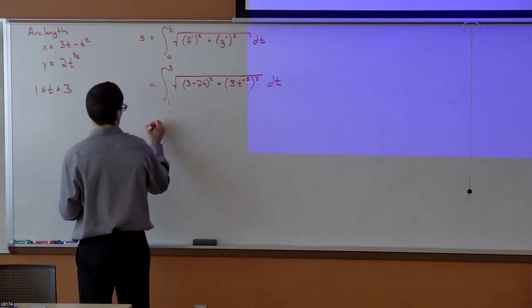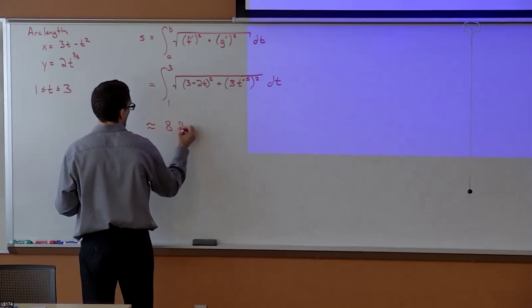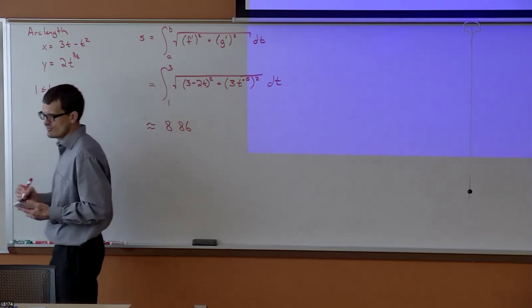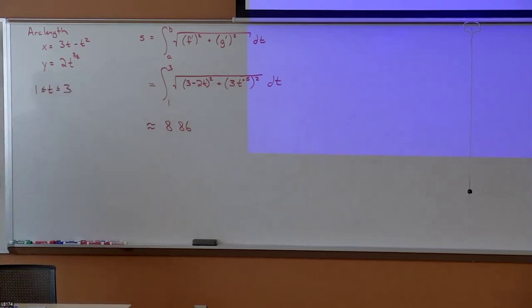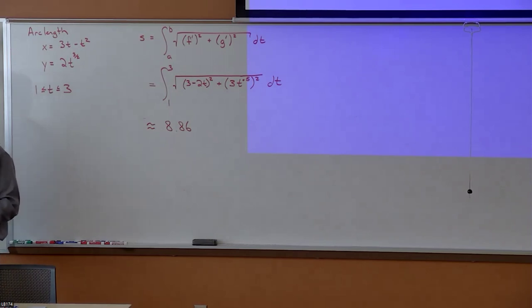And I get right about 8.86 as my final answer. So the length of the curve from t value of 1 to t value of 3 is about 8.86.